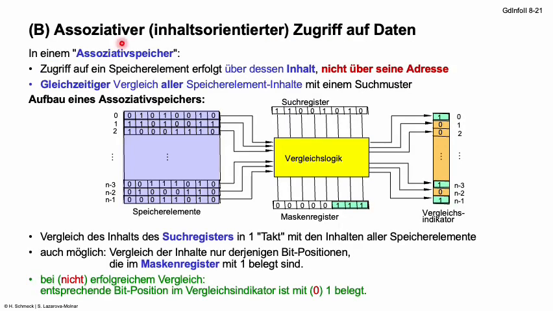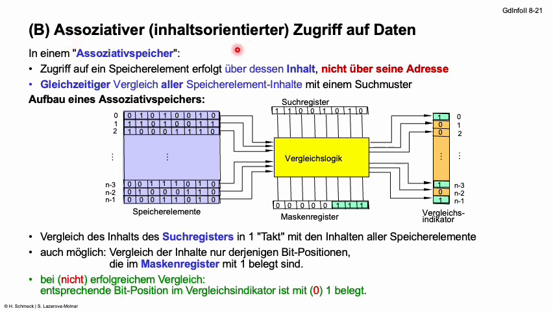Another concept for helping avoid the von Neumann bottleneck is using the cache memory, which is built on the concept of associative access to data.